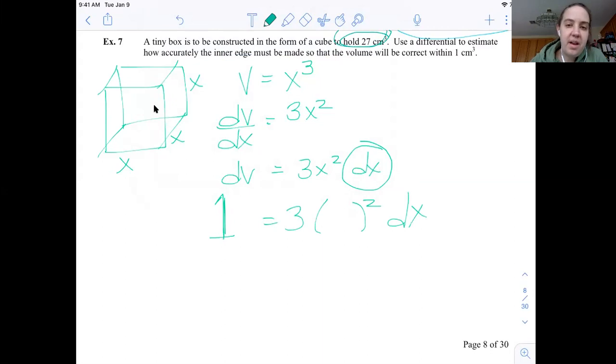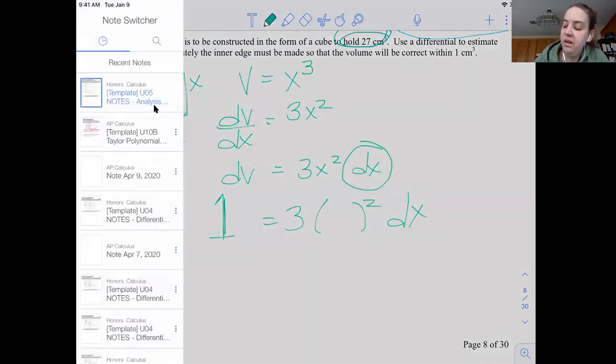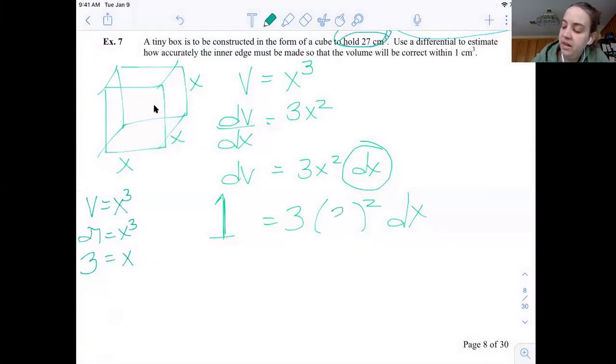I know that this box has to hold 27 cubic centimeters. So the volume must be 27 cubic centimeters. So how long does each side have to be? Well, I take the cube root. The cube root of 27 is 3. Just like square root, but cube root. So now I know x equals 3. So I put that in here.